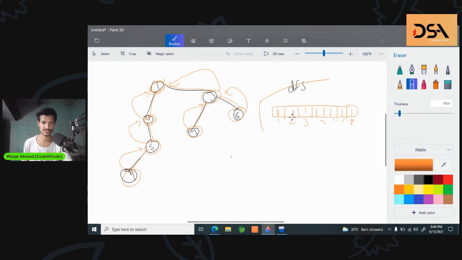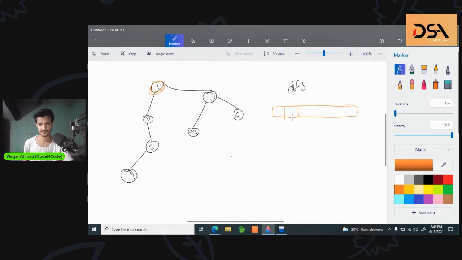Let me just delete this. Now let's go for BFS, that is breadth first search. I hope this is able to cover all of these things. This color, 1, 2, 3, 4, 5, 6, 7.